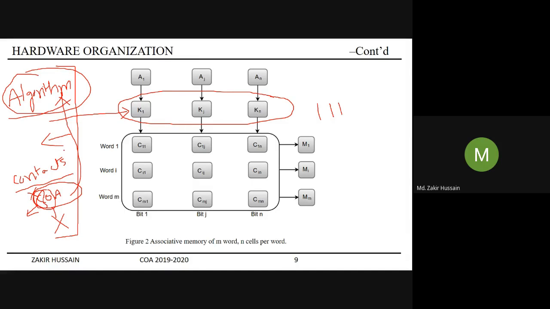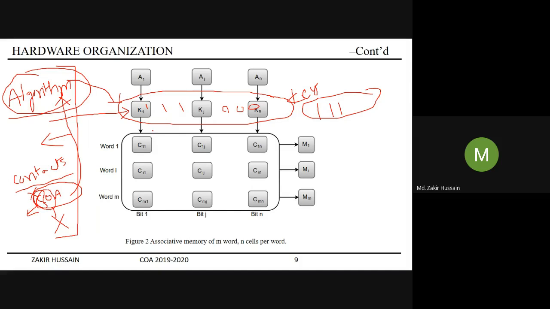So that algorithm decides here in this key register which bits need to be set, whether to set or not to set. Who is deciding? This algorithm is deciding actually.